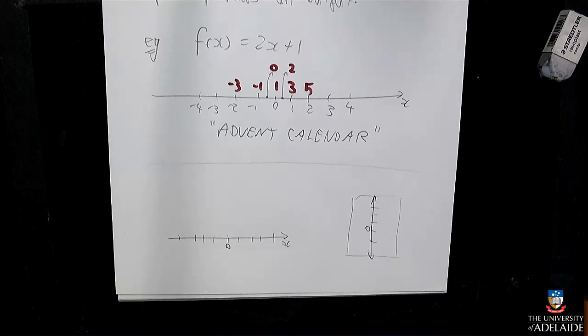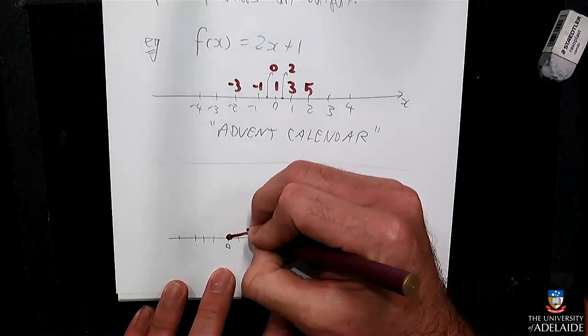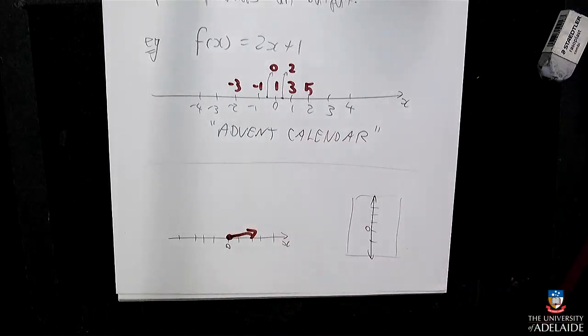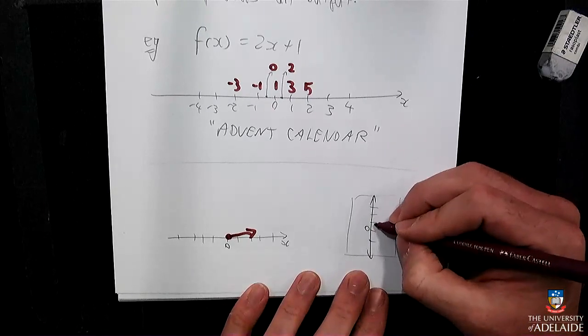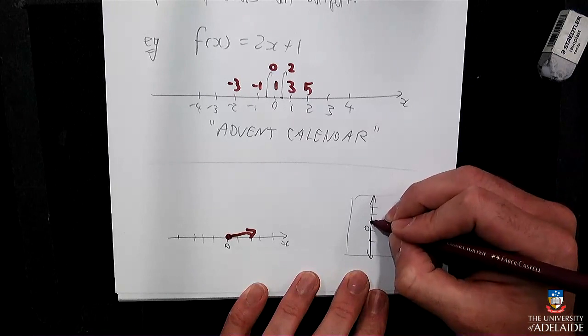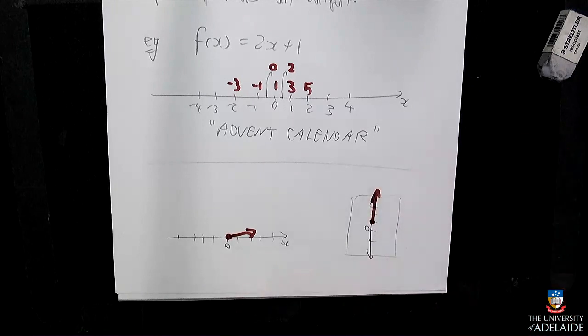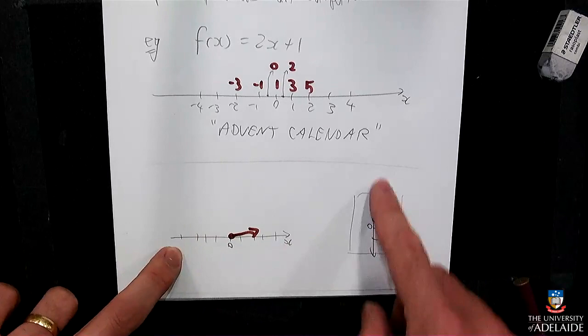But what I can imagine is that as I move this way, then the answer will move this way. And if I move this way, this answer moves that way. So I can coordinate these two different movements and think, well, what does moving here do to this?